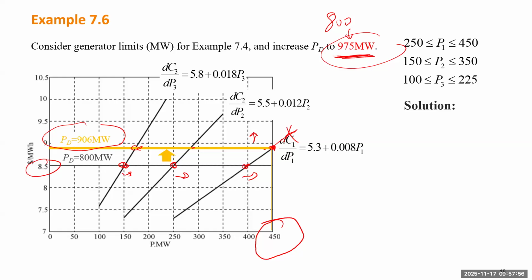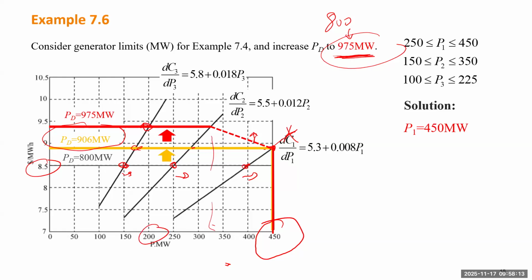But for the other units, we need to increase further. When we increase to this position, for units number 2 and 3 we have 2 intersection points. If I add those values together, it gives you 975. Okay, so that is the final solution.